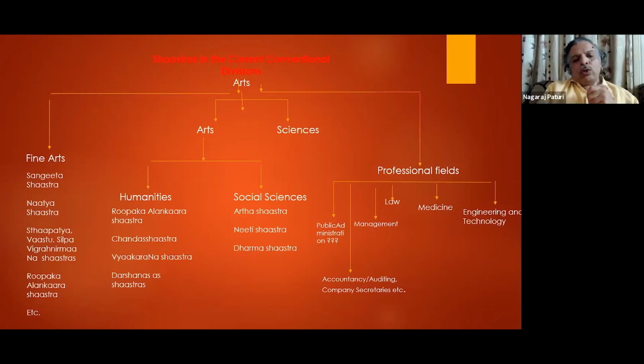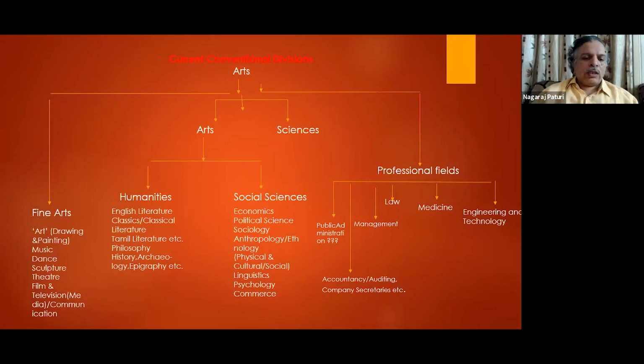And if you come to humanities, for example, you have the English literature department or the Tamil literature department. You go to any regional Indian literature department in India, in the course you have Alankara Shastra.